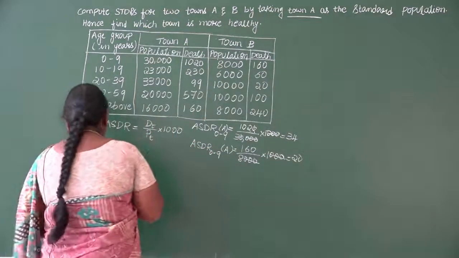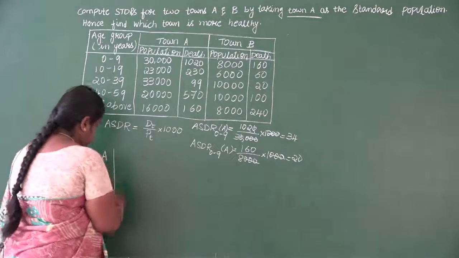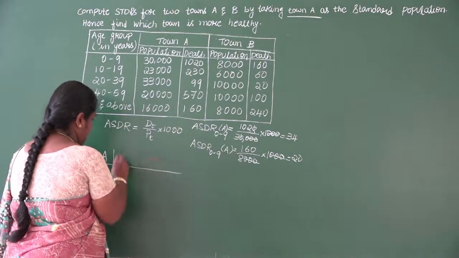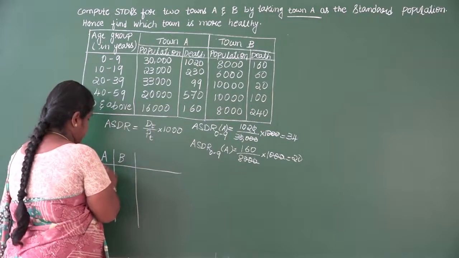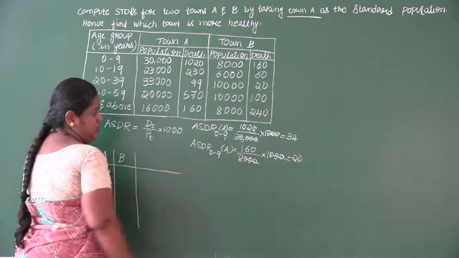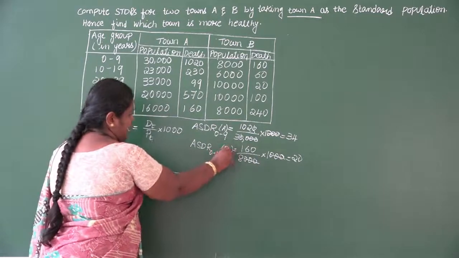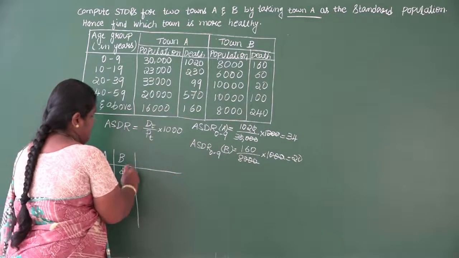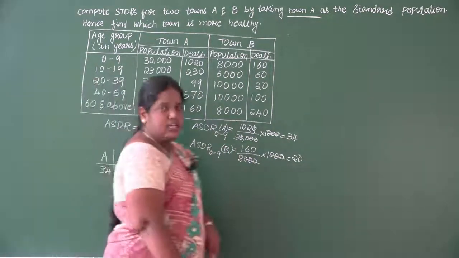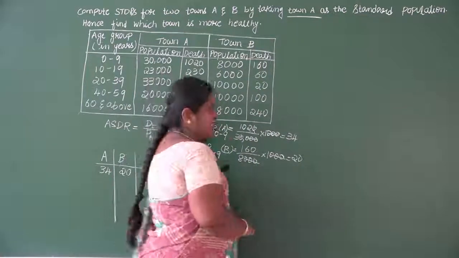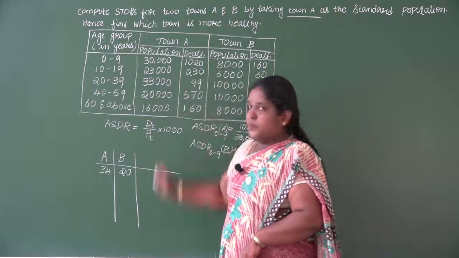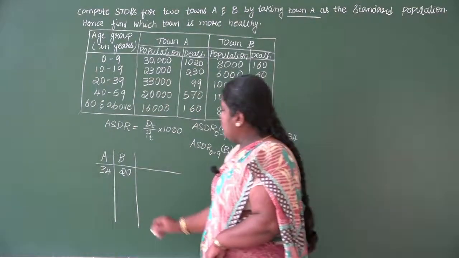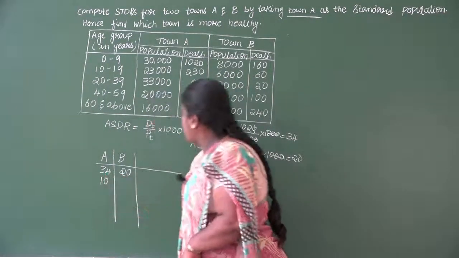So we have to make the columns A and B. First column A, then next column B. For the first column, the first value is 34, and for the second population B, it is 20. Now we will calculate for the next age group. It is 230 divided by 23,000 into 1000, so we get 10.